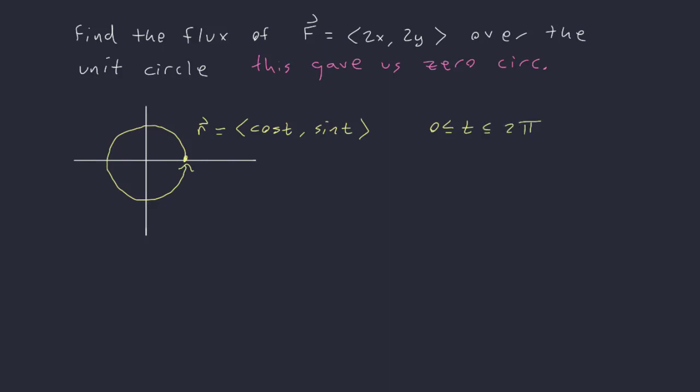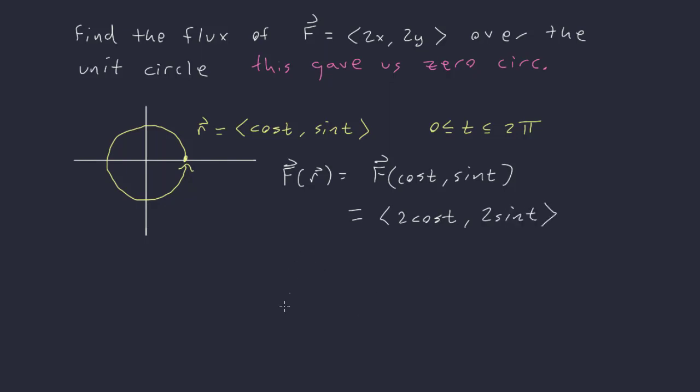Now, just like before, we've got to find our F of r. That part doesn't change for flux. So we're still going to put cosine t in for x and sine t in for y, so we'll still get the vector 2 cosine t, comma 2 sine t.